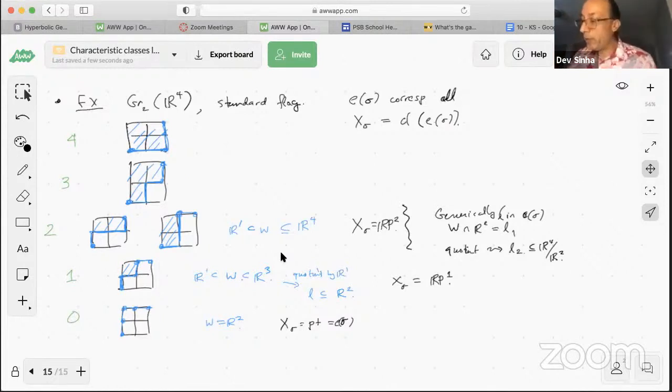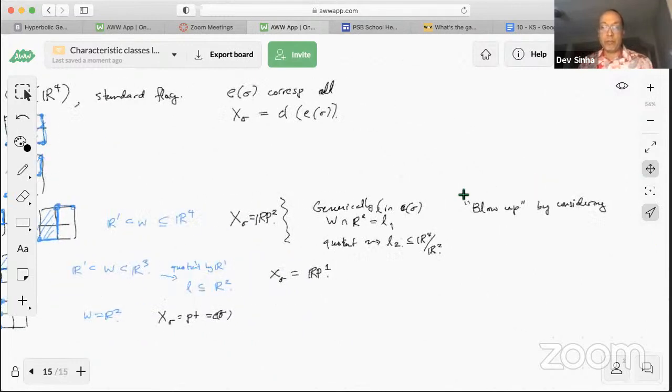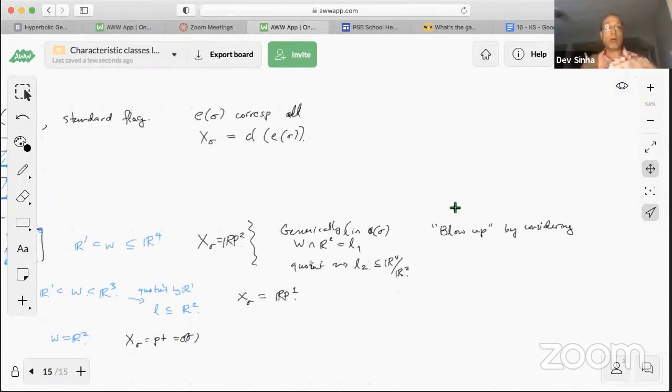So let's consider, instead of just the W in R4 that have this for its Schubert cell, or are in the closure. So again, what's easier is to show that the interior is a cell. What's harder is to do the fun analysis of what does the closure look like.